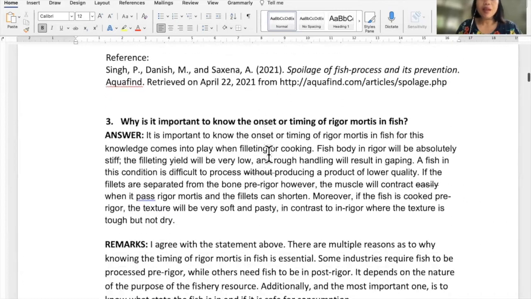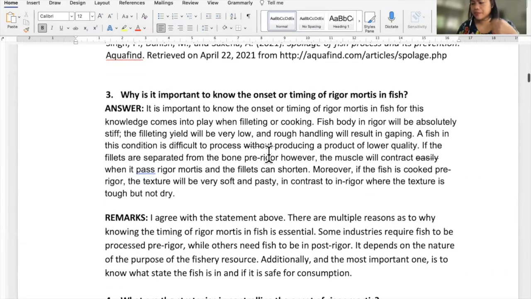Okay? For number 3, why is it important to know the onset of rigor mortis? This one is more important, especially to those who are handling the fish or to fish processors, because knowing the onset of rigor mortis will provide you knowledge on how you are going to handle the fish.